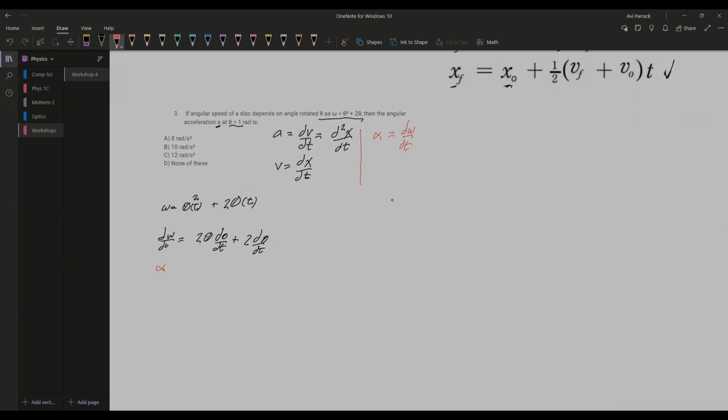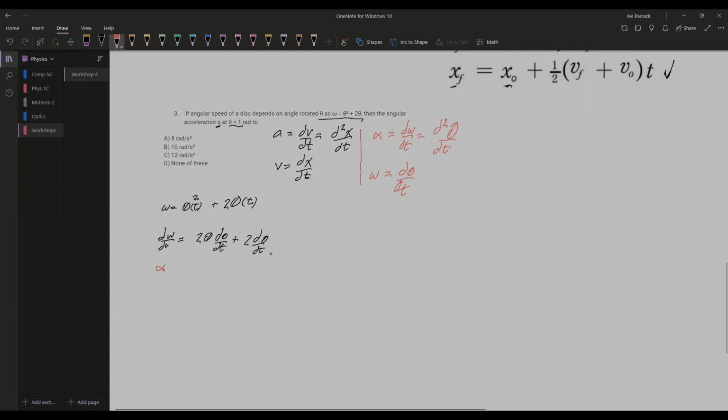Now we're talking about the angular quantities, which is also the same as the second derivative of theta with respect to t. And omega is the change in the angular displacement, the change in the angular position, d theta dt. All right, so there we are caught up.